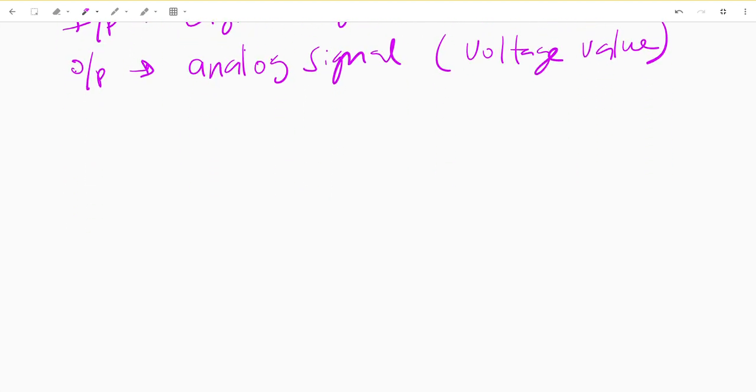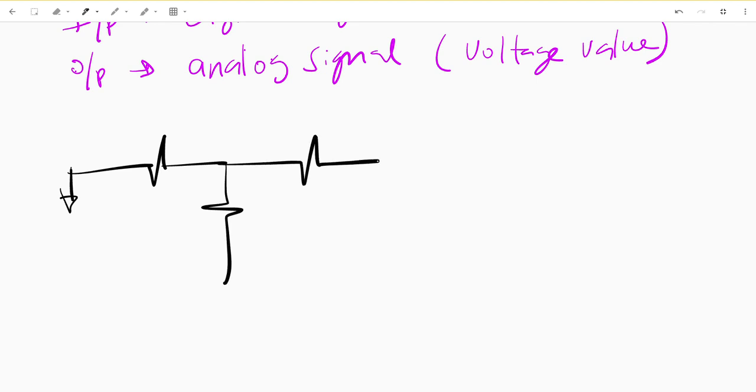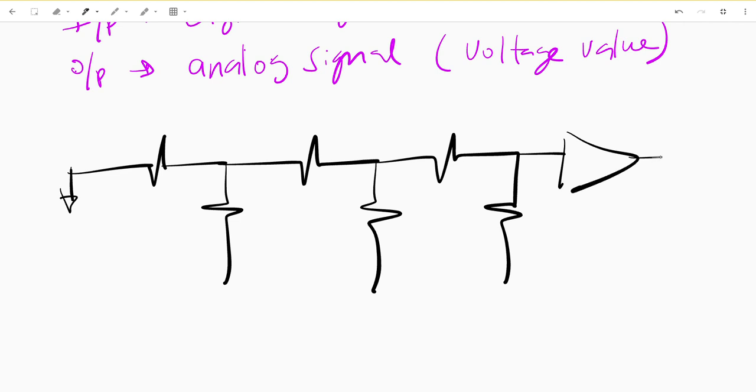And essentially, the circuit we will be analyzing in this video is just the 3-bit R-2R ladder DAC with an amplifier at the output.